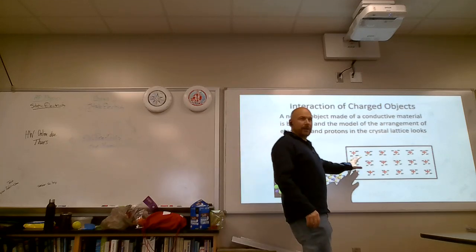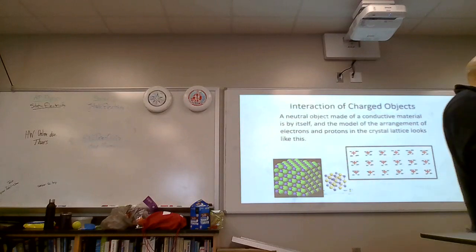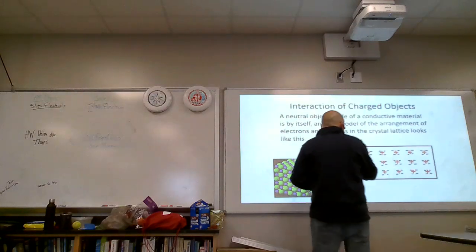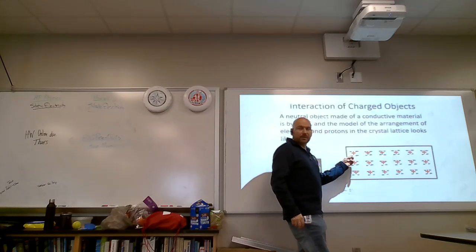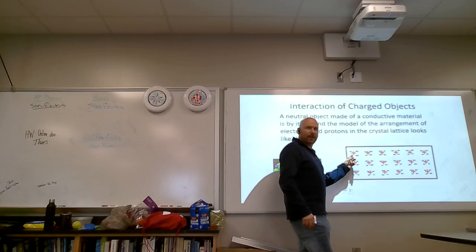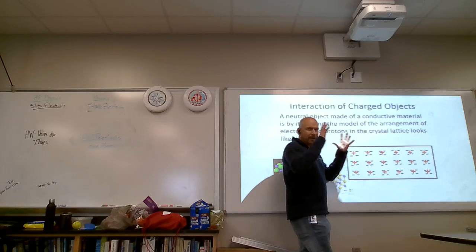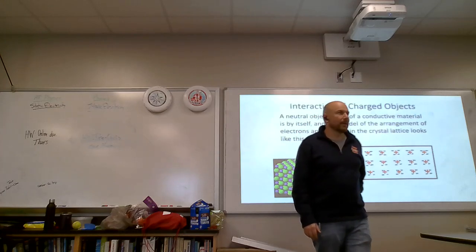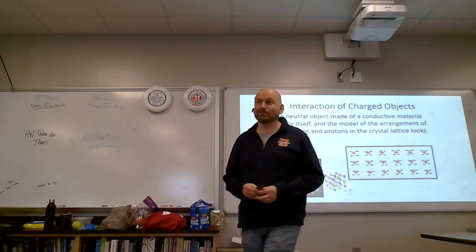Here's how I'm going to draw my crystal lattice. What this represents is the nucleus. It's positively charged, and these represent the electrons. This does not mean there's 1 proton and 4 electrons. This just means positive charge nucleus, negatives on the outside dancing around. This would be an example of a neutrally charged object.